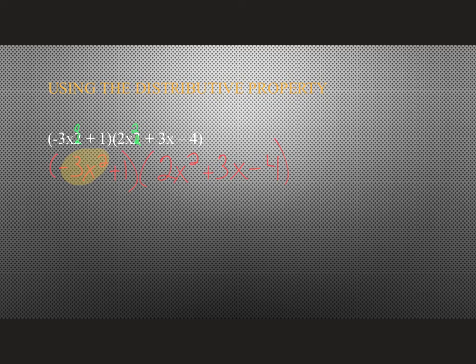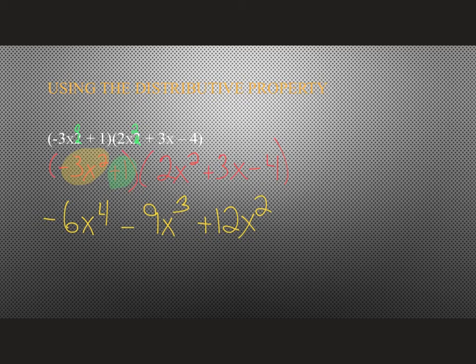So I have negative 3x squared times 2x squared gives me negative 6x to the 4th. Negative 3x squared times positive 3x gives me negative 9x to the 3rd. Negative 3x squared times negative 4 gives me positive 12x squared. So that was all of my first term times each of the terms inside there.